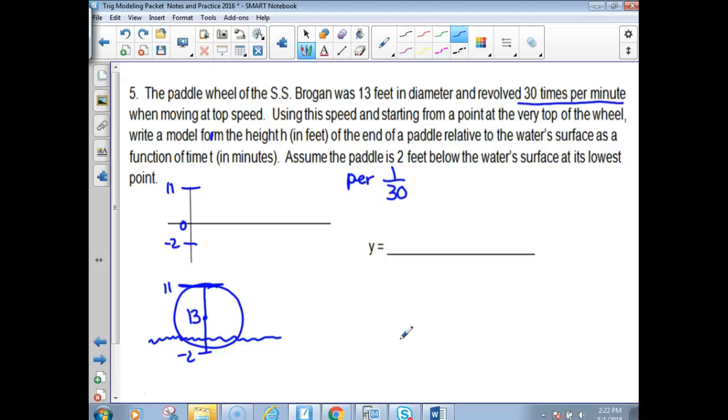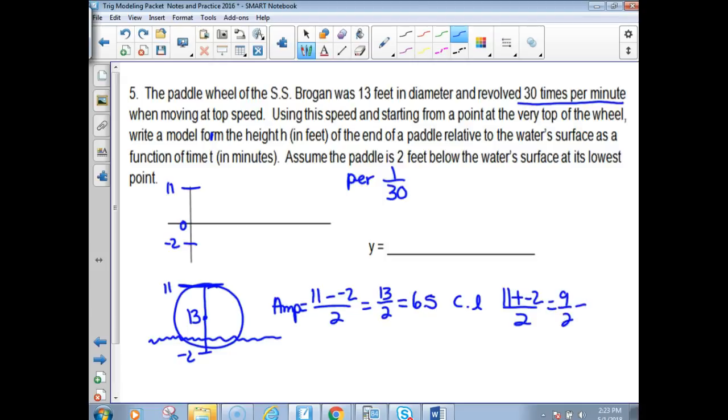Let's do our little trick to get our center line and our amplitude. If we take our max 11 minus our negative 2 divided by 2, that gives us 13 divided by 2, which is 6.5 amplitude. That is your amp. The center line is going to be, when you add them, 11 plus negative 2 divided by 2, averaging your max and your min. That gives you 9 divided by 2, which is 4.5.